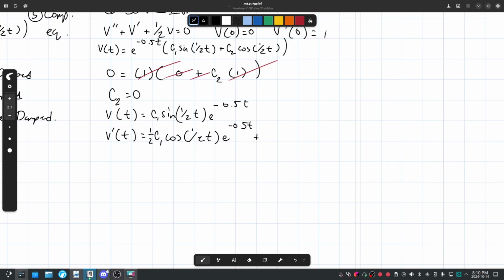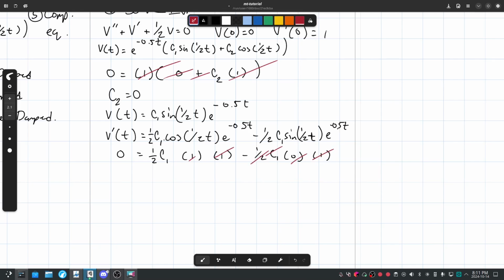Okay, so that's going to be negative 1/2 of C1 sine 1/2 of t e to the negative 0.5t. Now what happens at 0? That's going to be 0. Oh, sorry. Cosine 0 is 1, so that's going to be 1/2 C1 minus 1/2 of C1 times 0.